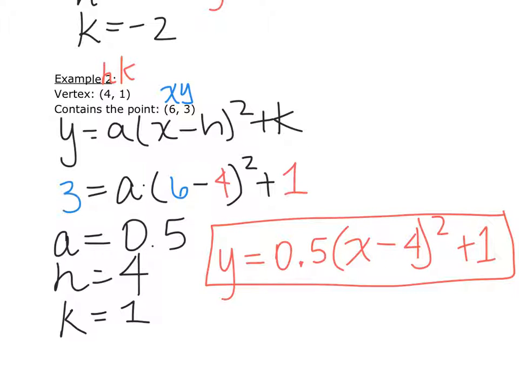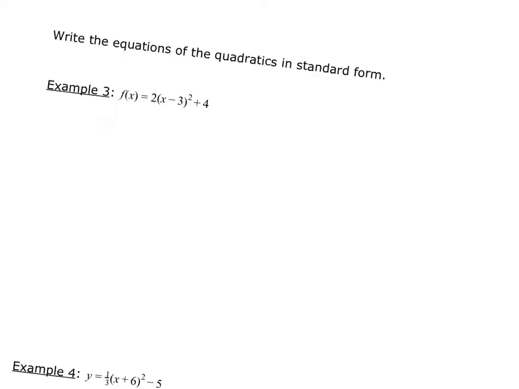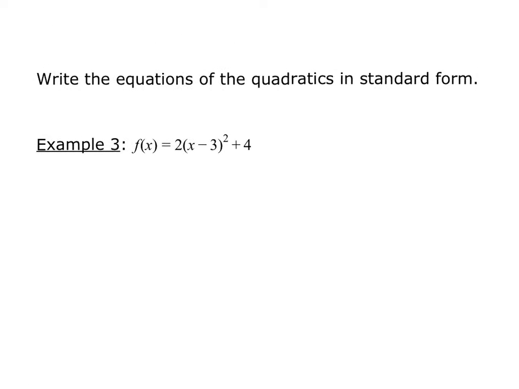So this was kind of wrapping up yesterday, writing equations in vertex form. And I want to continue that idea, and I want to take an equation from vertex form and write it in standard form. You ready? So we're going to write these equations in standard form.